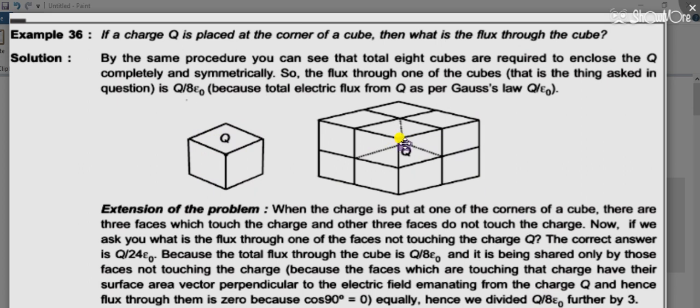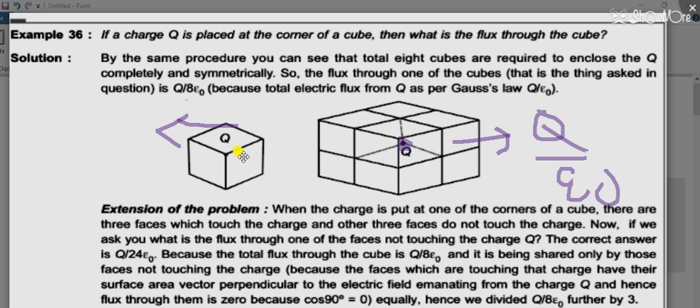So now again, first of all you have to understand that flux linked with this symmetric diagram will be q by epsilon naught, but flux linked with this cube, since 8 cubes are required, will be q by 8 times epsilon naught.